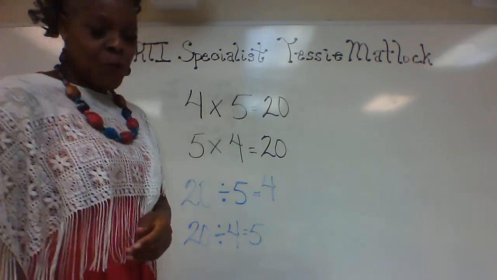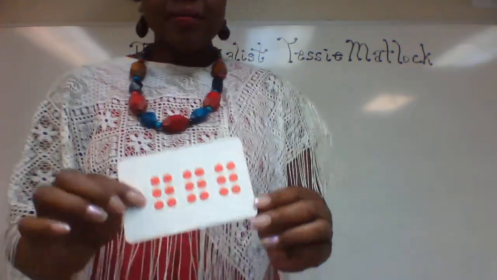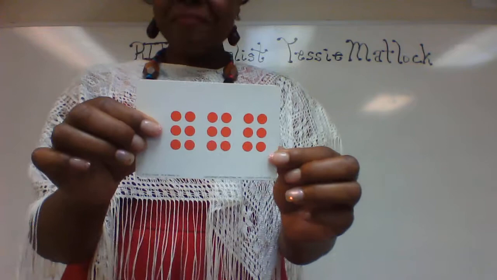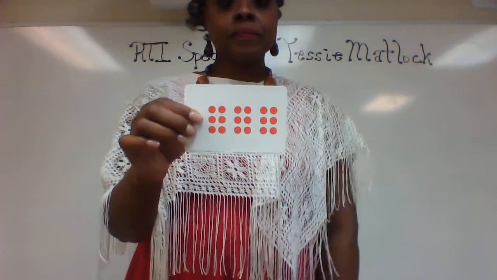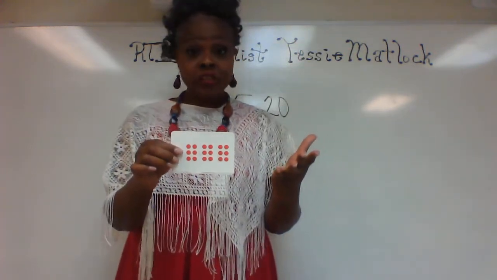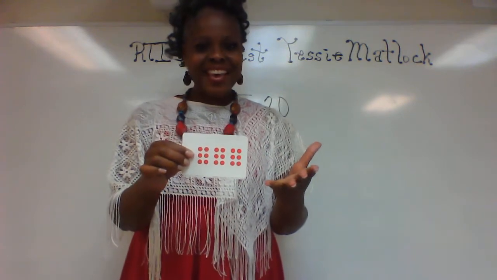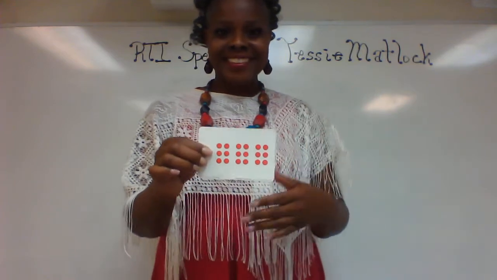But before we go, let's take a look at this one. Yeah, kind of like homework. So you see 3 different groups. You're going to make a multiplication number sentence, just as we've practiced, and a division number sentence, just as we've practiced.